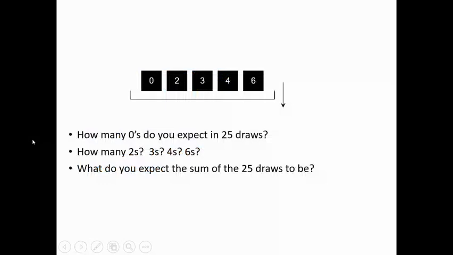But hold on. Let's think about how many zeros do you expect to get in 25 draws? 5? Okay, what makes you say 5, Dallin?